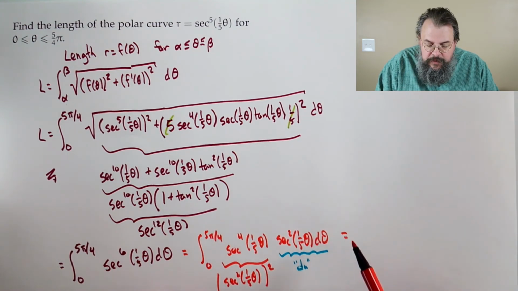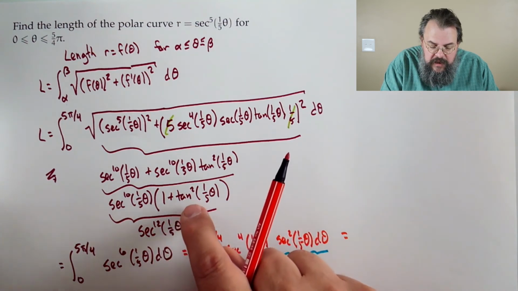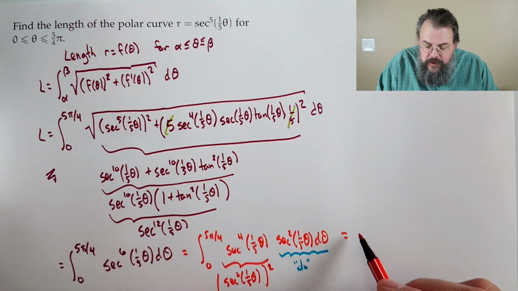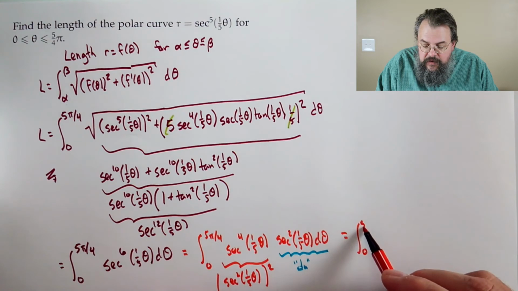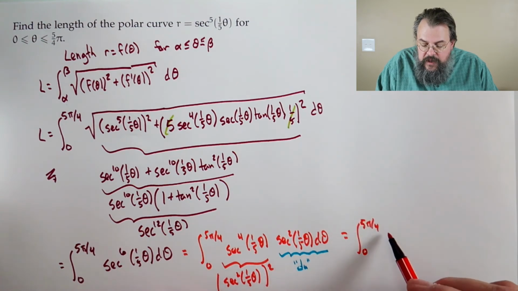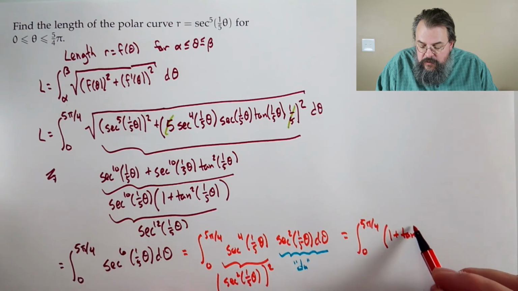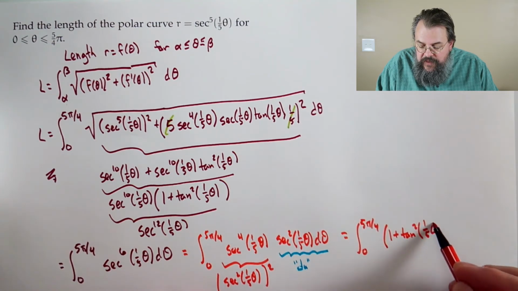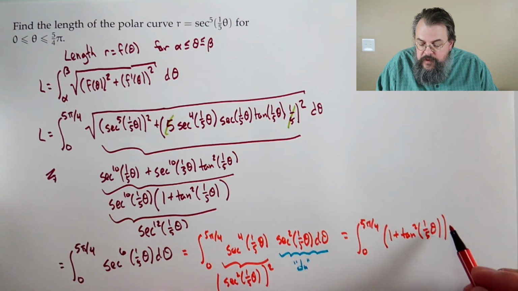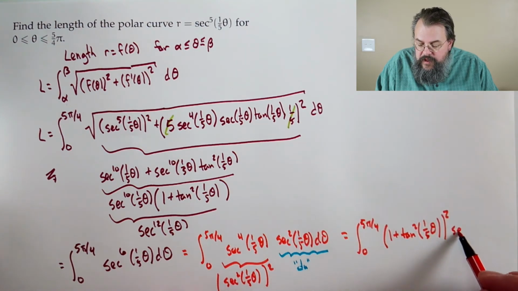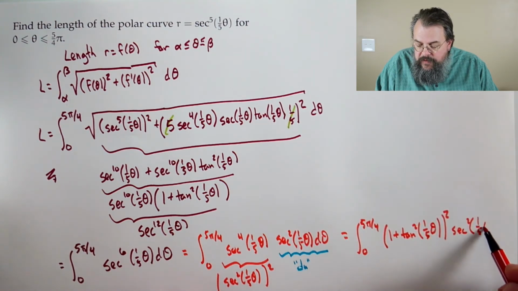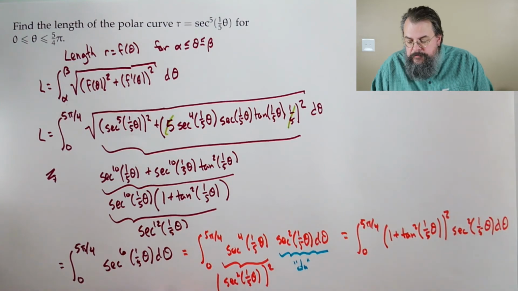And so if we use this identity that we did here, we say, look, that's the same as the integral from 0 to 5 pi over 4 of (1 plus tangent squared of 1/5 theta) squared times secant squared of 1/5 theta d theta.